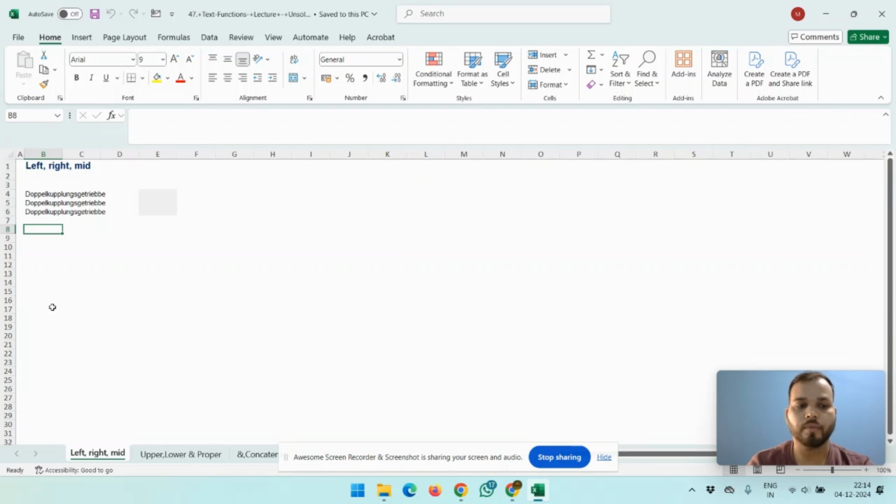Sometimes we have to find whether the fifth character is zero or not. At that time the mid formula works. Sometimes we need only the fourth character, and when we find the four digits of a PAN, the mid formula works.